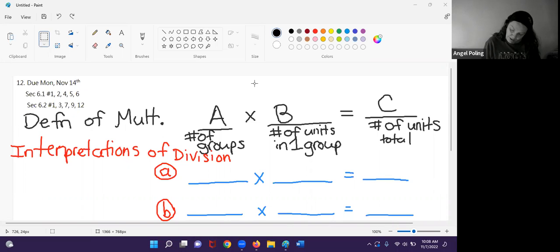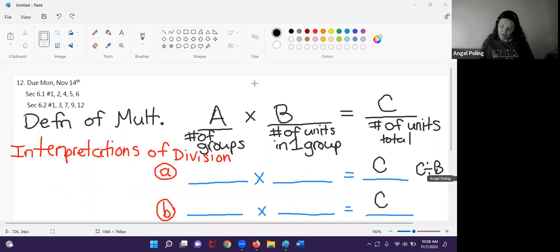Now, you're always going to know C, because we're either looking at a C divided by B situation or a C divided by A situation.